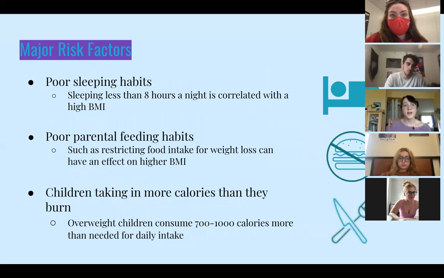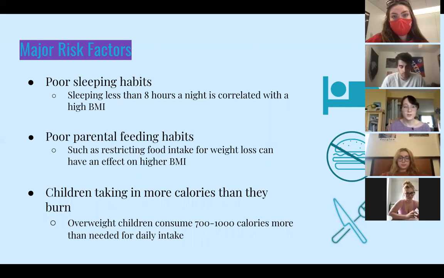Some major risk factors for obesity include poor sleeping habits. When a child gets less than 8 hours of sleep a night, it correlates with a higher BMI. Another example is poor parental feeding habits, such as restricting food intake for weight loss, and that also affects the BMI.